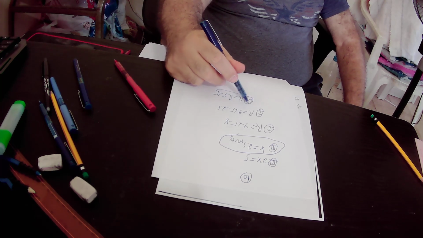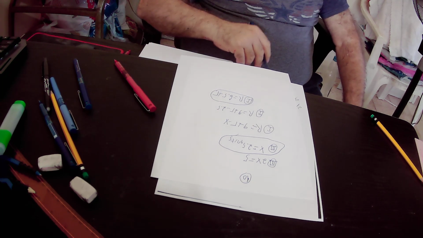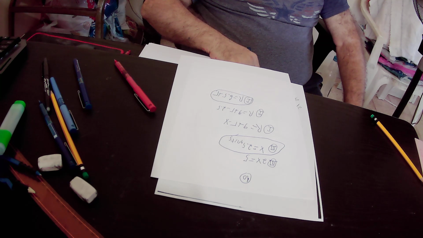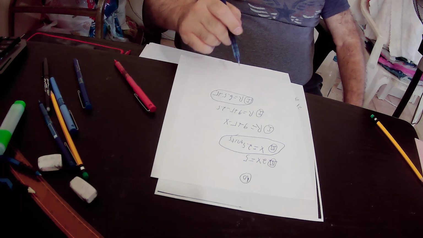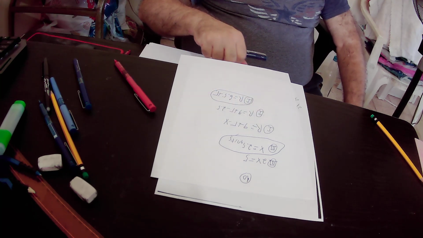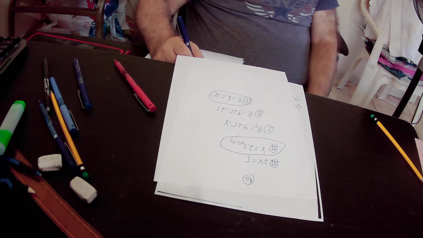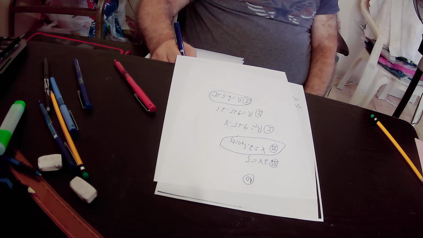Okay, so we got that the radius of the big circle equals 6.5 plus small r. You can say that the radius of the big circle is bigger by 6.5 units than the radius of the small circle, and we have already found that x equals 2.5 units.